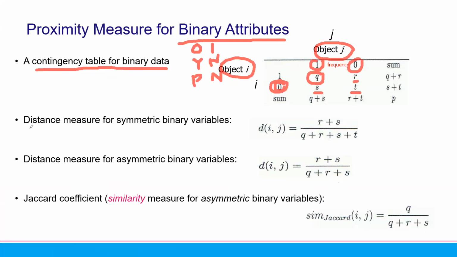So we can measure the distance if it is symmetric binary variables. What is symmetric?